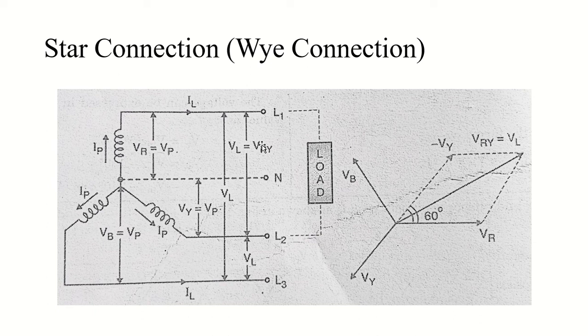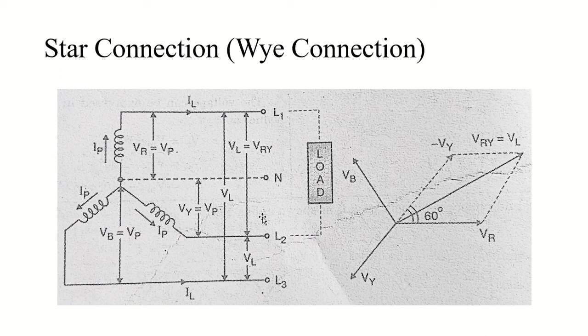So let's begin with the star connection, or in other words we call it the Y connection. Here in this image you can see a star connection. I'm quite sure you have all seen this earlier as well. In a star connection, the similar terminals, either the starting end or the finishing end of all three windings, are connected together.